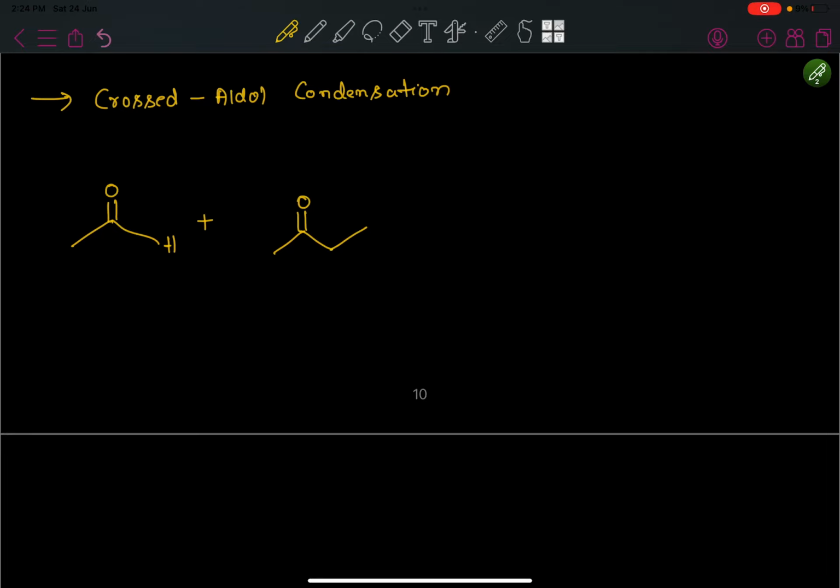Here tell me how many alpha hydrogens are available. Here one alpha hydrogen, here another, right? So how many products are feasible? Yes, rightly said, it is 3. Let us see, if I am carrying out an attack here, what will happen? There will be 2 products which will be feasible, right?